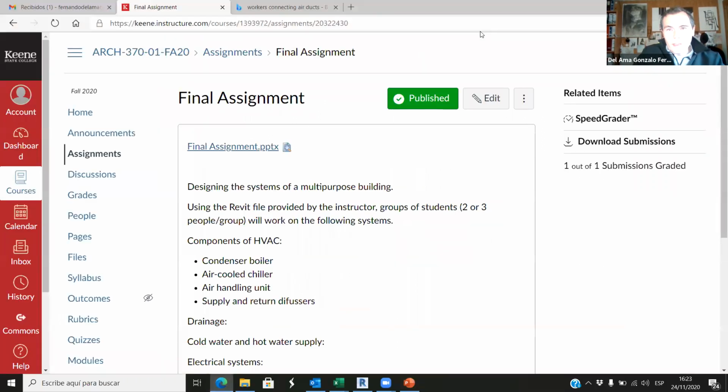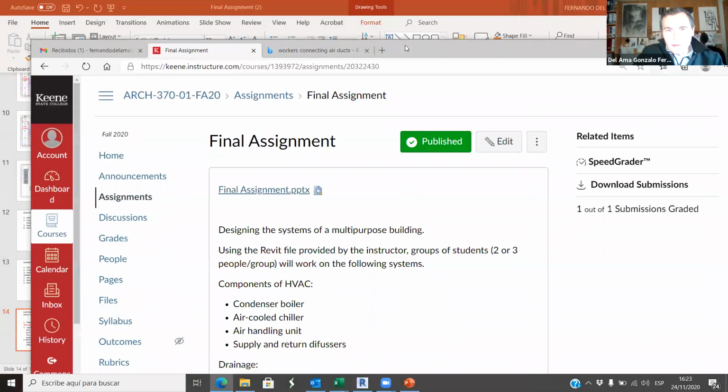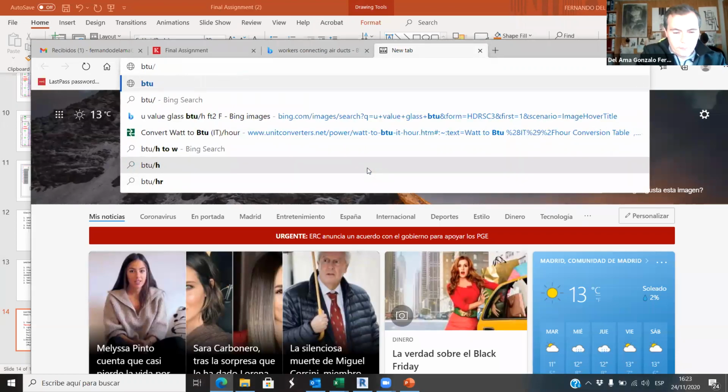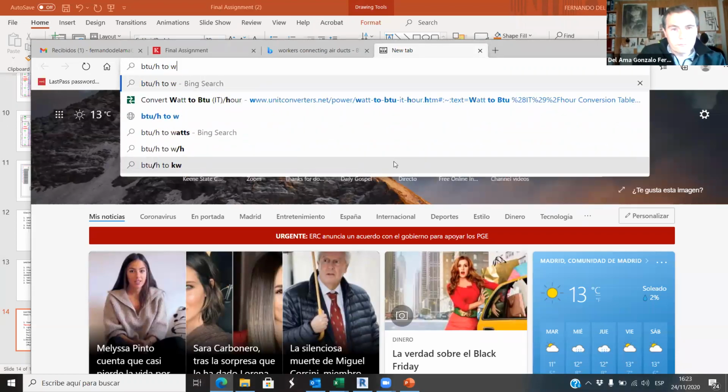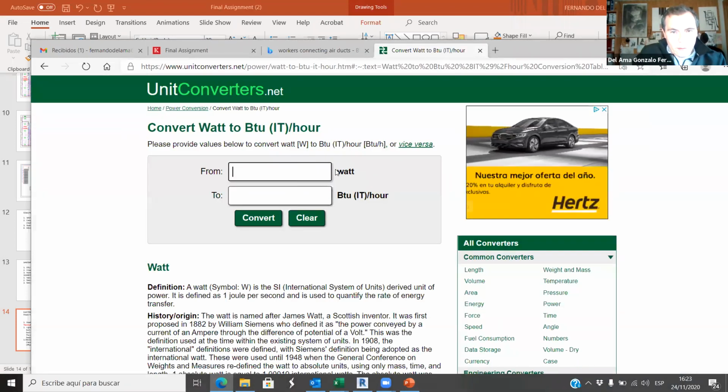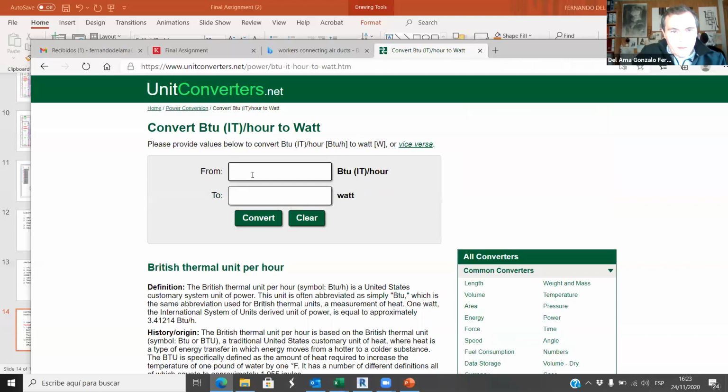So we can always find here a BTU hour to watt converter. Watt to BTU, vice versa.